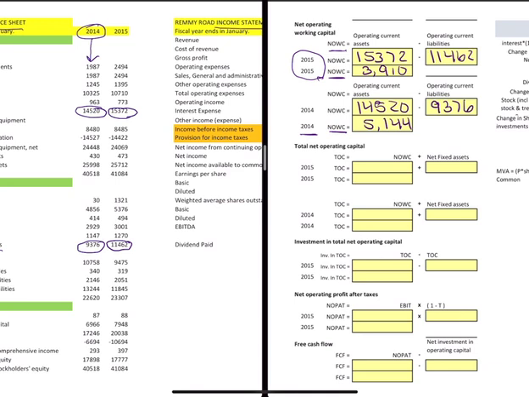So now we're going to take that information and use it to help us find total net operating capital. Okay? Because for our TOC, we need our net operating working capital. So for 2015, our net operating working capital is 3,910.